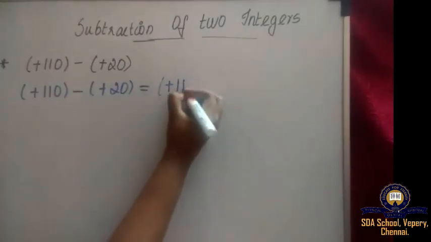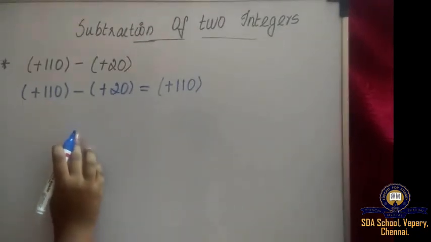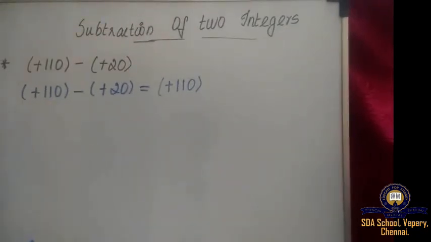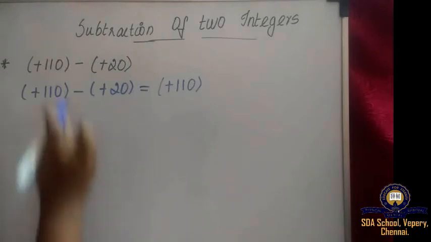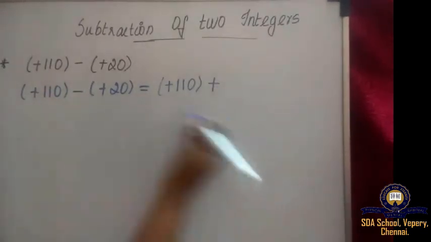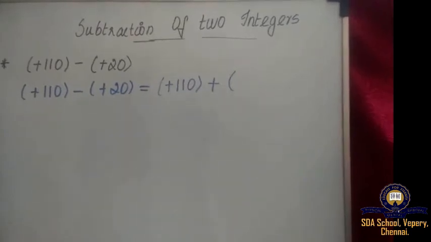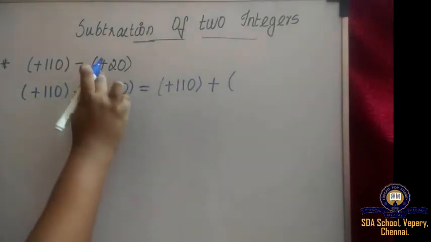So plus 110 and you have to change the sign. To subtract an integer from a given integer, add the integer with the opposite sign to the given integer. So from minus changing to plus. And then for the second number you have to get the opposite sign. So it is plus 20.